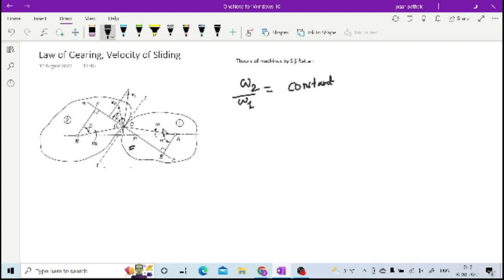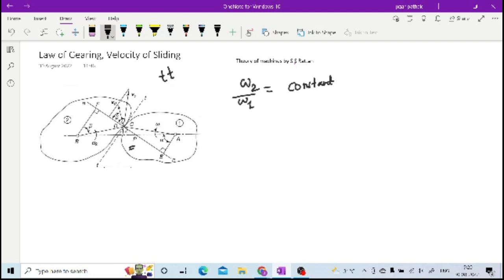Gear 1 has a rotational velocity of omega 1, and gear 2 has a rotational velocity of omega 2. With this, you can see that TT is the common tangent, which has point C on gear 1 and point D on gear 2.